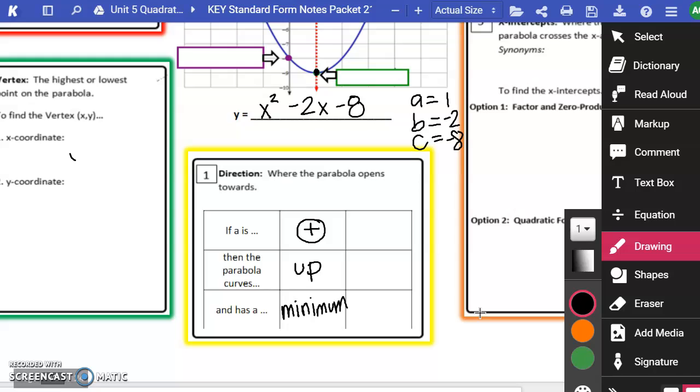Where A is negative, the parabola is going to curve down, and we're going to have a maximum. So curving up looks something like this, and curving down looks something like this.